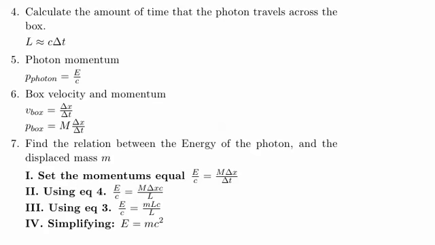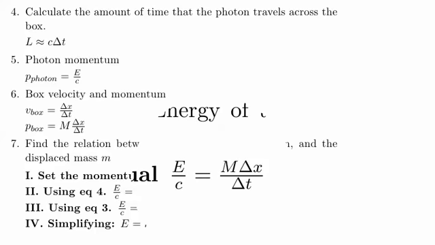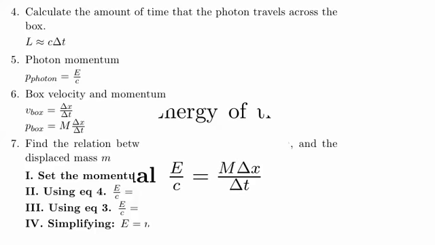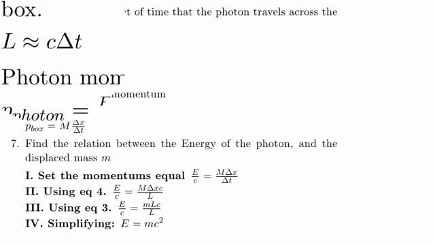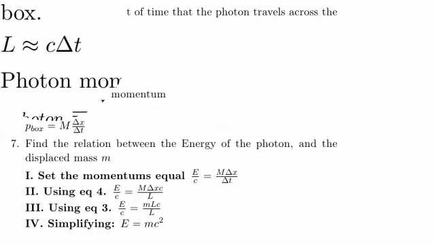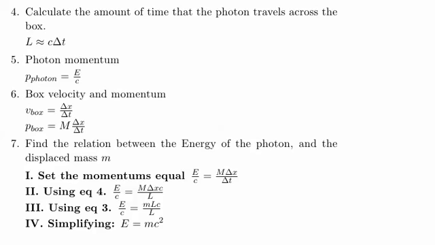Now, step 1, we set the momentums equal, so E over c is equal to M delta x over delta t. And then using equation 4, which gave us c delta t, we replace the delta t with L over c.